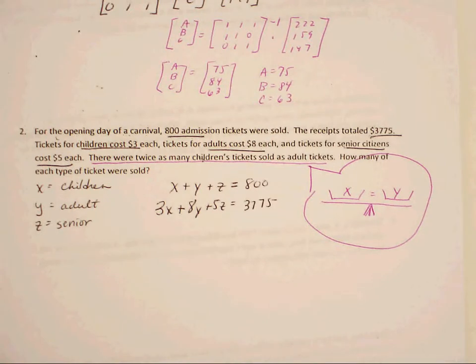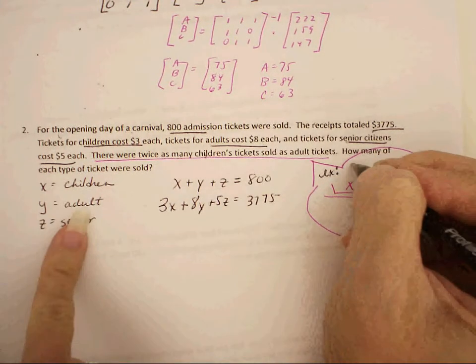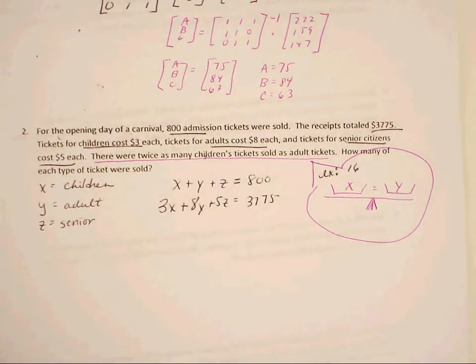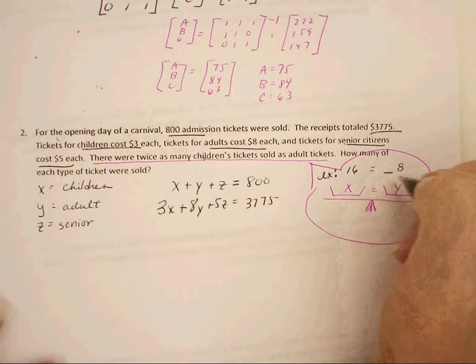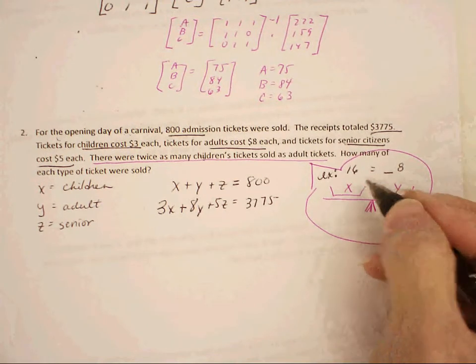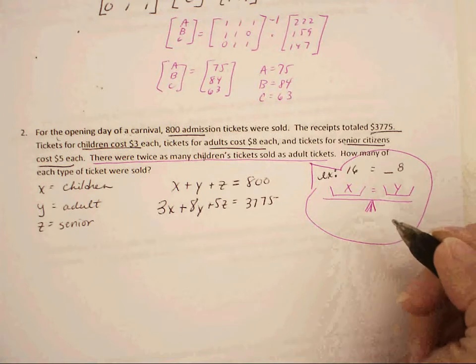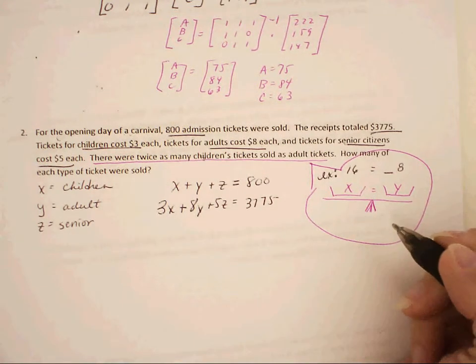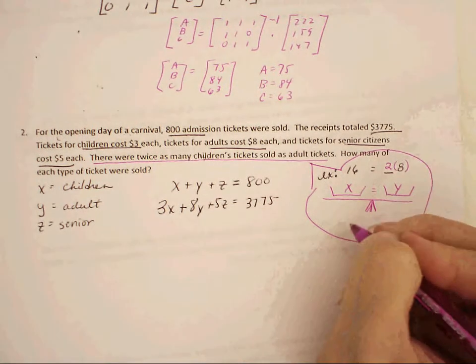It's 2X equals Y. If you get yourself in a situation to where you can't tell which way it is, put numbers in. So here's an example that I'm going to make up, okay? X is children's tickets. If we sold 16 of those, how many adult tickets did we sell? So I put a blank there because if I'm in a balance scale and there's 16 in this guy and 8 in that guy, how do I make it equal?